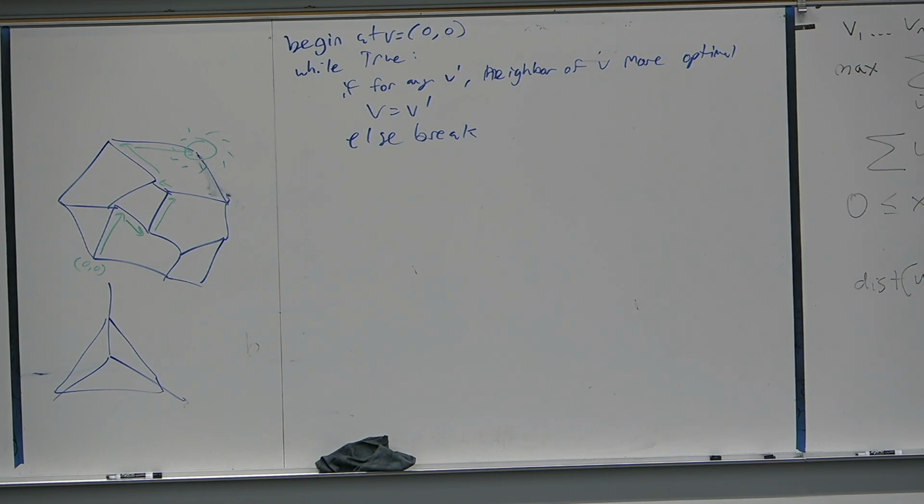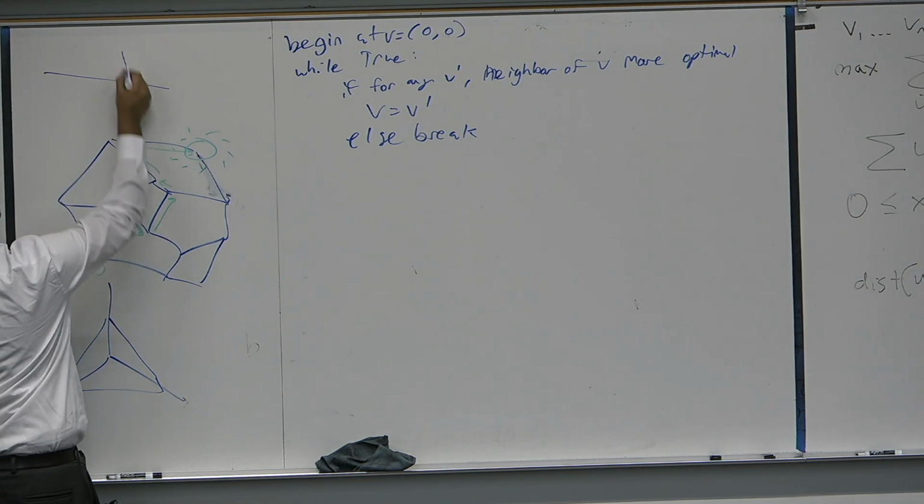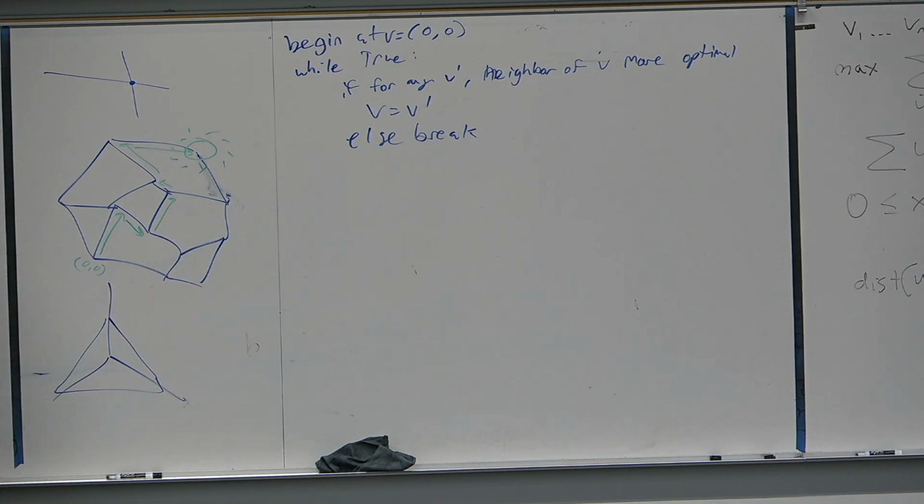Now, how does this actually work? What is a point in a polytope in the linear sense? Like if we have a linear program, what is a point? Yeah, so a point is when 2 lines intersect, right? That's like Euclid and stuff, right? So if we were to think in terms of the constraints, what does that symbolize?